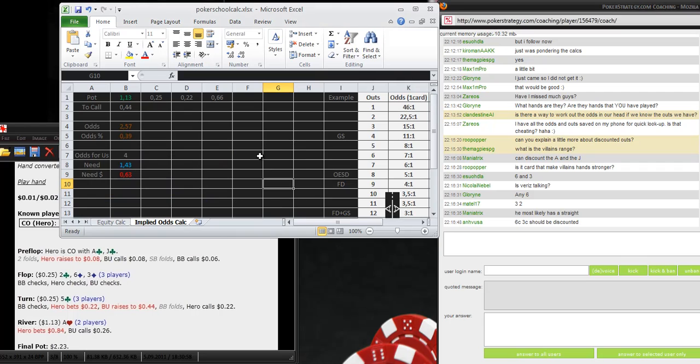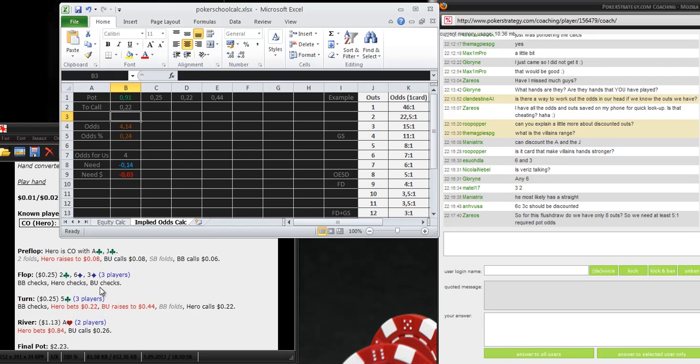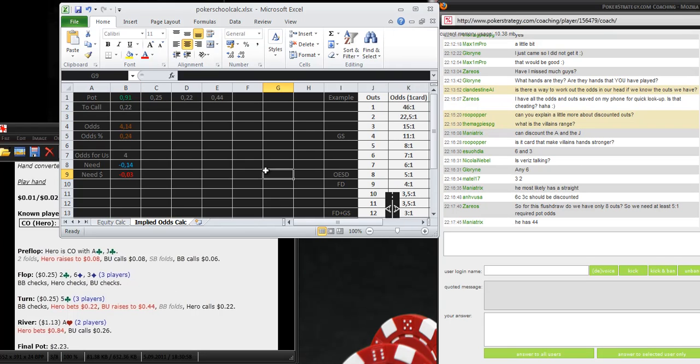In this case, let's put back the opponent's raise, and we have to call. We knew we have to discount outs like the six of clubs and three of clubs. This means we have to discount 2 flush draw outs, which means we only have 7 clean outs, and with 7 clean outs we have odds of 6 to 1.